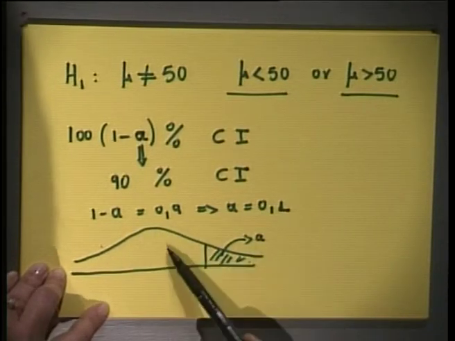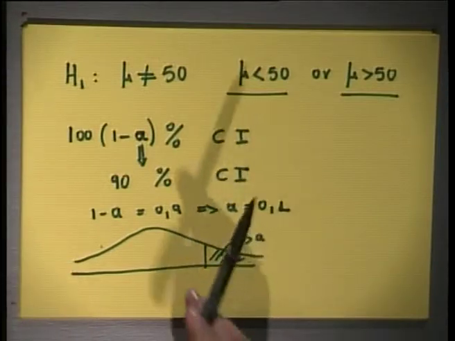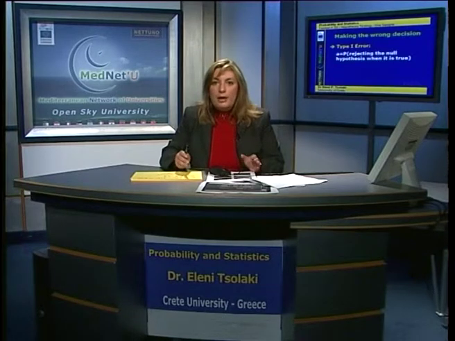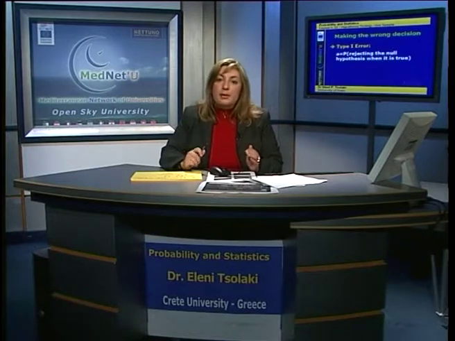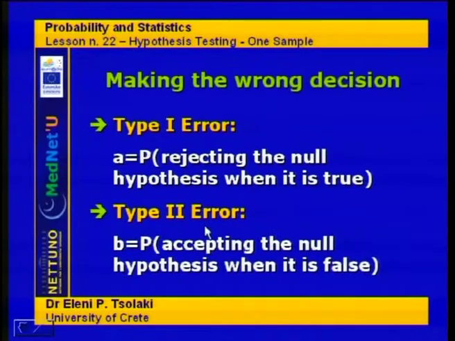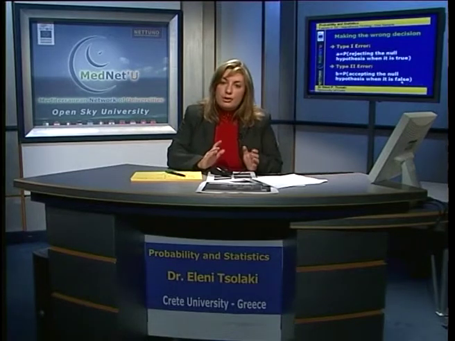Our null hypothesis is true. Now, in hypothesis testing, we have another type of error, which is related with the type 1 error. We have the type 2 error, and it is the b, which is the probability of accepting the null hypothesis when it is false. Let's see how the two types of errors are connected.